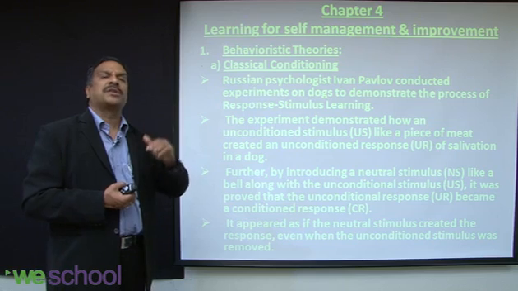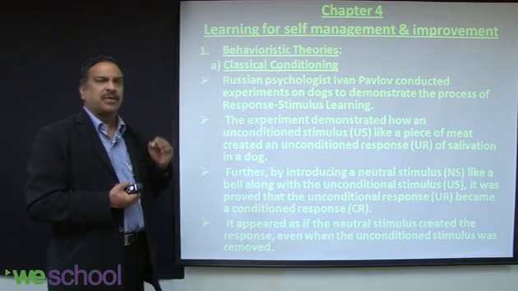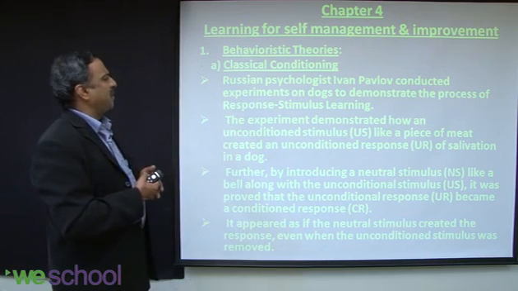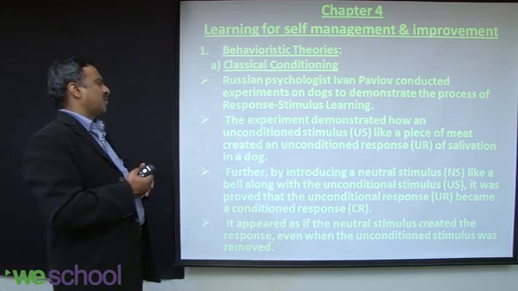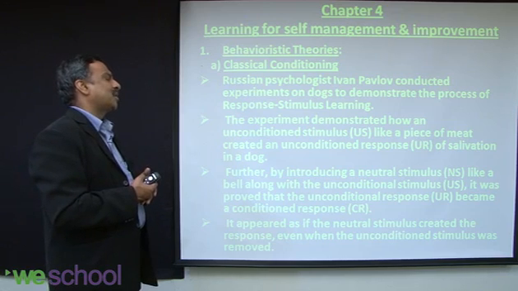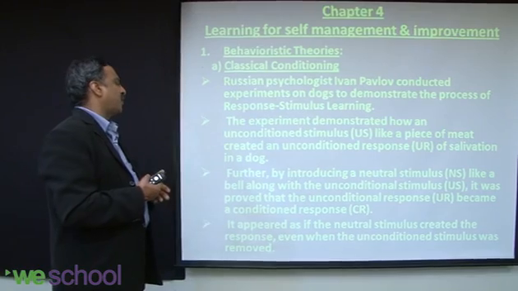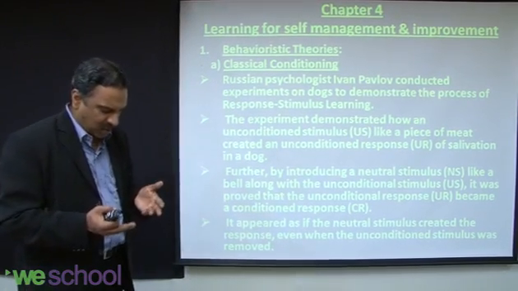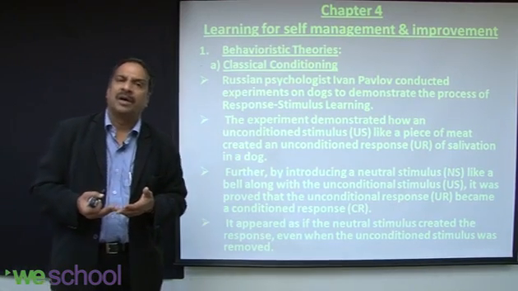The stimulus comes first because as a result of it there's a response. The experiment demonstrated how an unconditional stimulus, like a piece of meat, created an unconditional response, that is salivation in the dog.